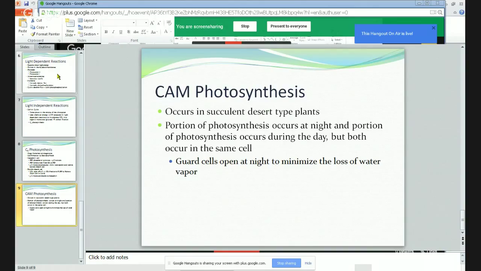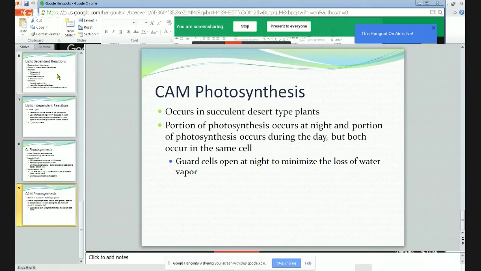So because it can't go through all of that, it could technically go through the Calvin cycle, but it's not going to have the tools it needs to finish it, because it won't have the ATP to split things. It's not going to have the NADPH to maneuver those carbons around. So when the sun comes out, the guard cells close, and then the malic acid goes back into the chloroplast, and then we go through your Calvin cycle.